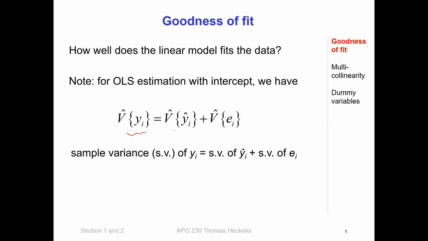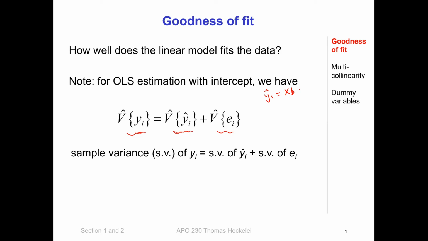So this is the variance decomposition, the famous one from OLS. It says that the variance of your data, y_i, the dependent variable, can be decomposed into two parts. The variance of the fitted value, so by now we know that the fitted value will equal x times b, right?